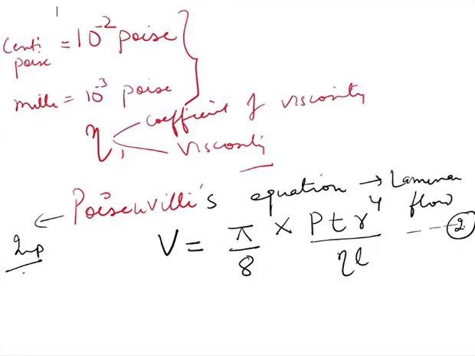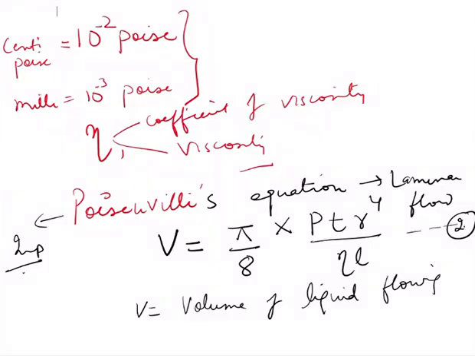So I just tell you. So V is basically your volume of liquid. Class, you did Poiseuille's equation in 11th. In physics it is done. V is the volume of liquid flowing out of the capillary in time t, class.